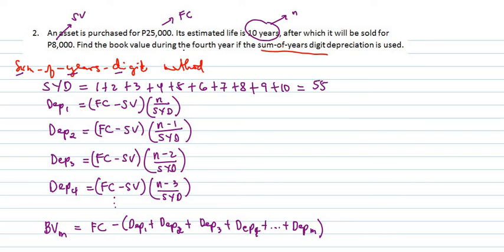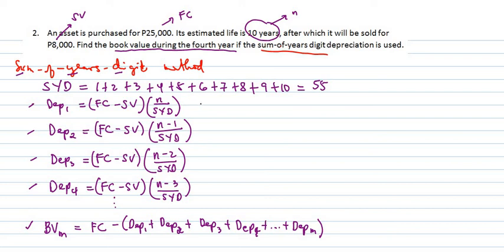Since we want to find the book value during the 4th year, we need to solve first the first year, second year, third year, and 4th year depreciation, because these will be summed up when we solve the book value after m years.